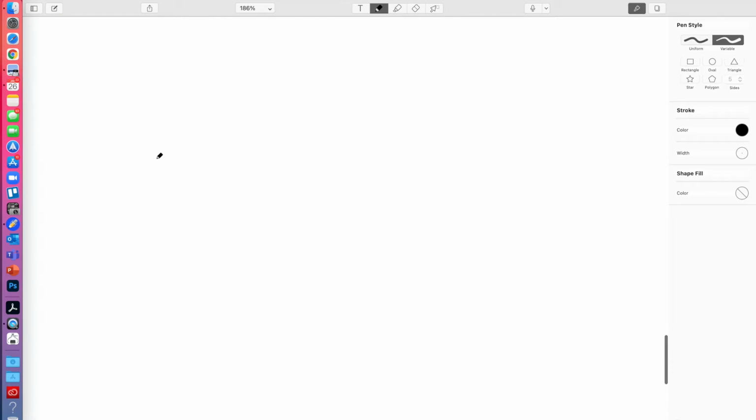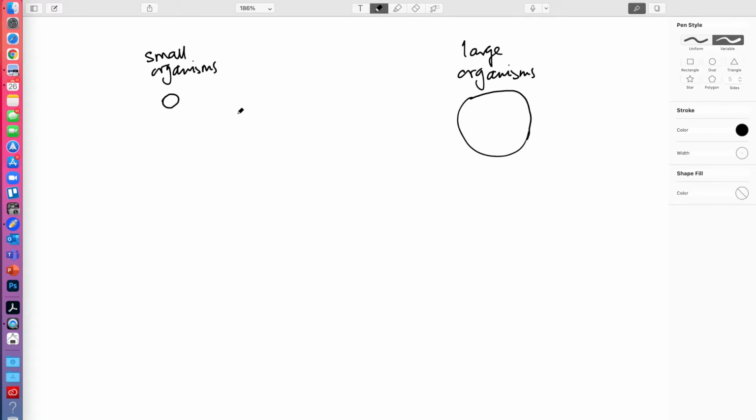So, we left off yesterday with a little bit of a problem, and the problem was that, well, small organisms. So let's just compare a very small organism, small organisms, compared to maybe large, complex, multicellular organisms, okay? And what we said was that when organisms are very small, they have a few features, right?